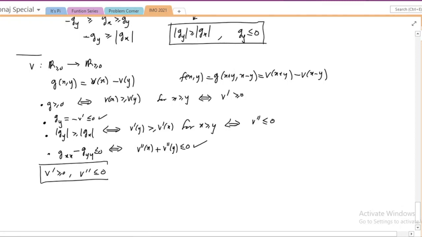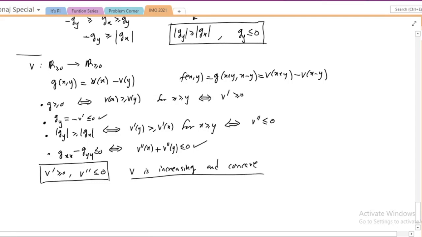In other words, for the first part, we could describe it as saying that v is increasing, and the second part is that it is concave. So if v is increasing and concave, then we're done.